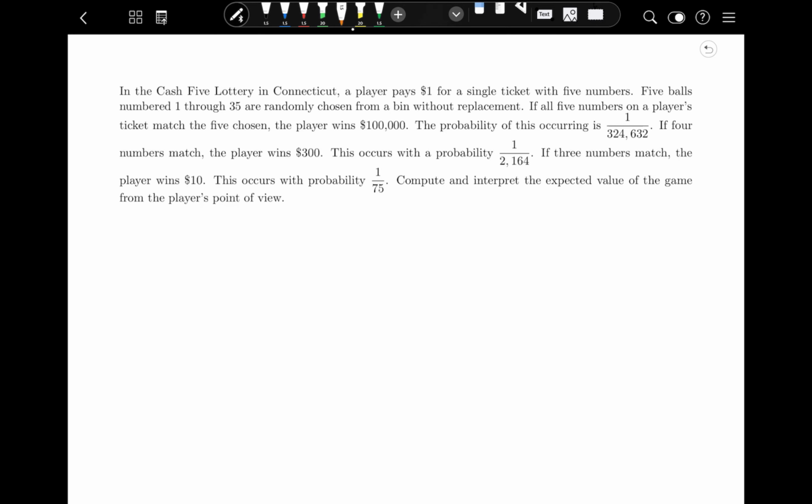Okay, so what we can do is set it up the same way. Outcome, value, probability. In this case, the outcomes they give us are you get 5 correct, 4 correct, or 3 correct.